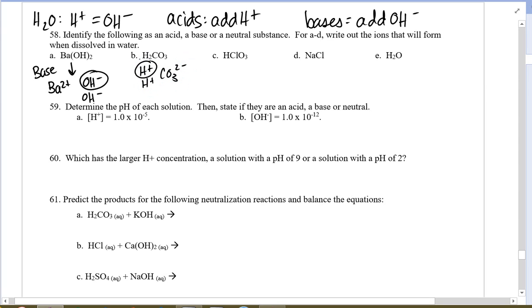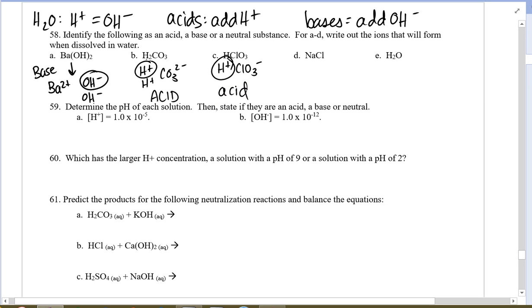Since this has some hydrogens in it, it is going to be an acid when you put it in water. Right here, this is made of hydrogen and this other thing, ClO3-, another polyatomic ion. It wasn't on the list of ones we learned, but it's another one. And notice how it makes some H+, so it's going to be an acid.